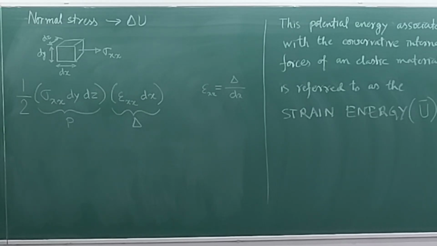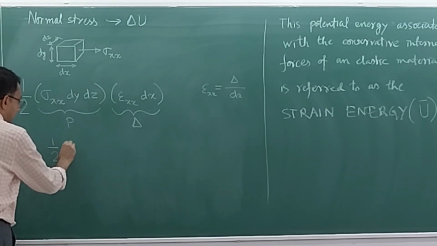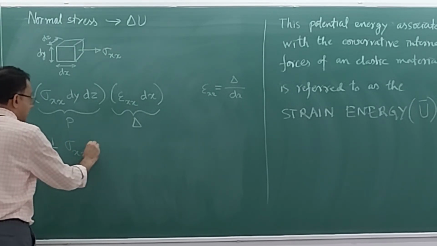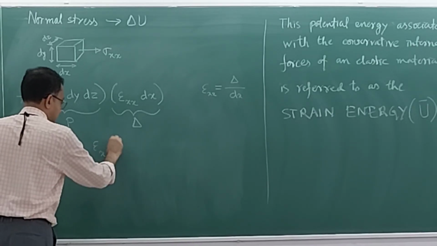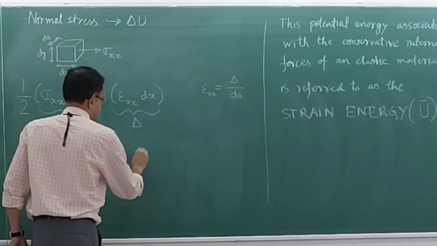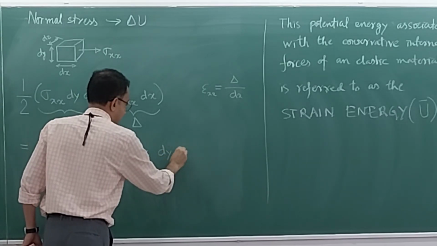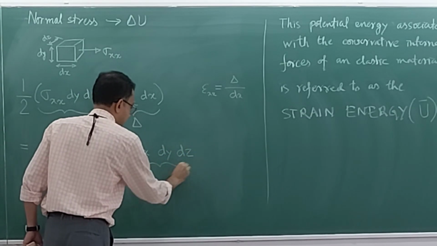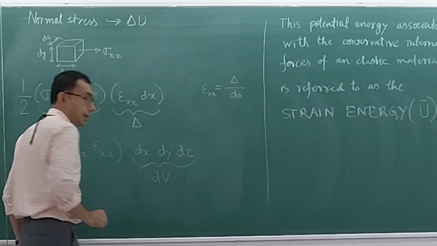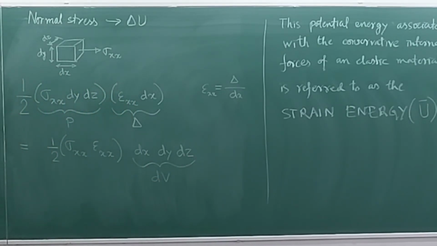Now this entire thing can be rewritten in a very nice fashion: half sigma xx epsilon xx, and we write dx, dy, dz. This entire thing is what? It is the elemental volume. Now, what is this thing that we have done? This is the incremental change in the strain energy.